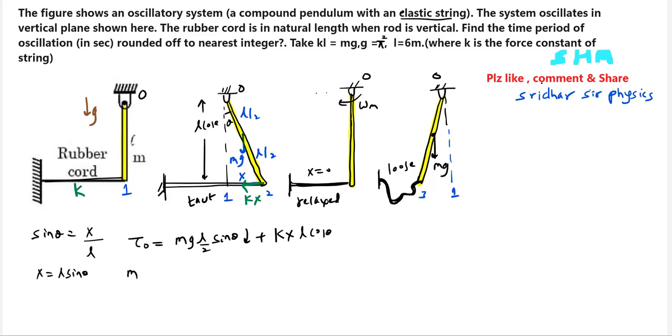This should be equal to mL square by 3 into alpha. mgL by 2 sine theta clockwise. What is x equal to? x equals L sine theta. Substitute that here: L sine theta, L cos theta. Now the torque due to this spring force, or the elastic force set up in the rubber cord, will also be clockwise only.